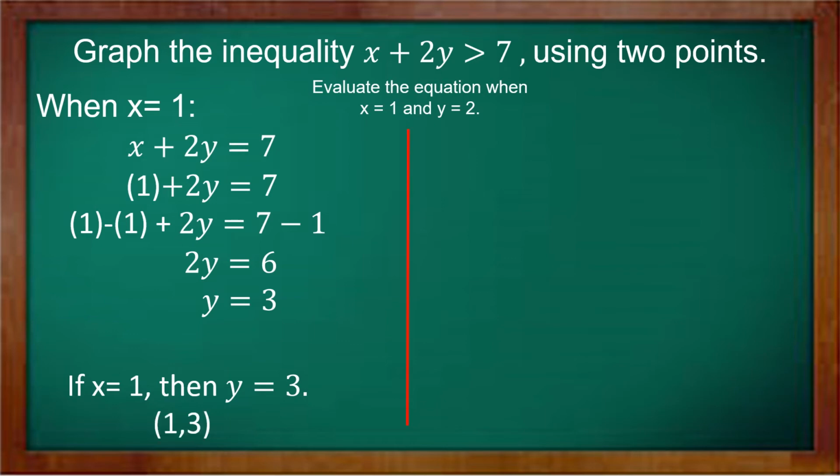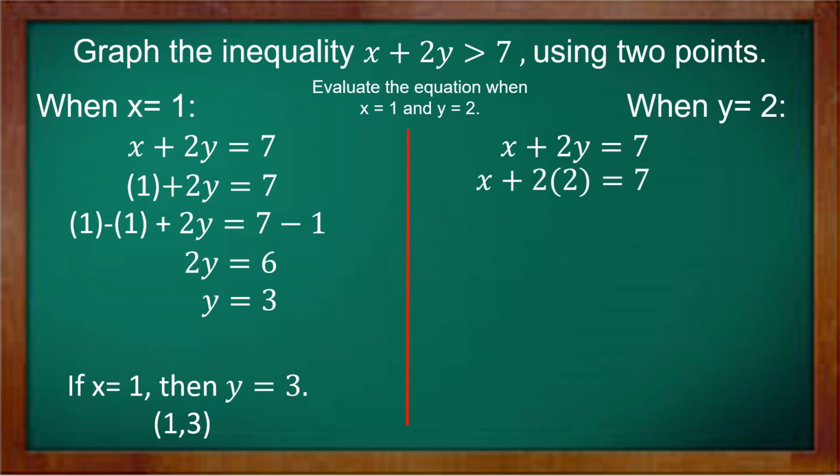Now let's move on to another value. We will find the value of x when y is equal to 2. Again, let us rewrite the inequality into an equation, so it becomes x plus 2y equals 7. Then substitute the value of y. Then we evaluate it, making x plus 4 equals 7.